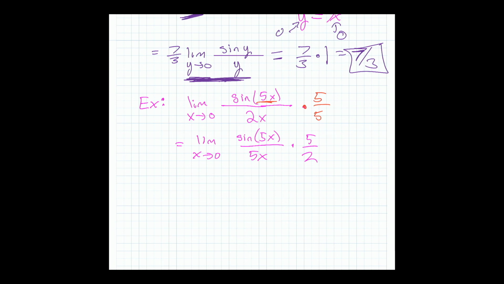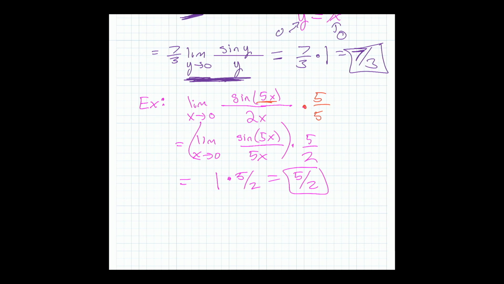Just switch around the 5 and the 2 in the denominator. And then when you do the limit, you can just do that limit right there and just say that that's 1, and then you have the 5 over 2. You don't have to rewrite it as many times as I did previously. And so that would be 5 over 2.